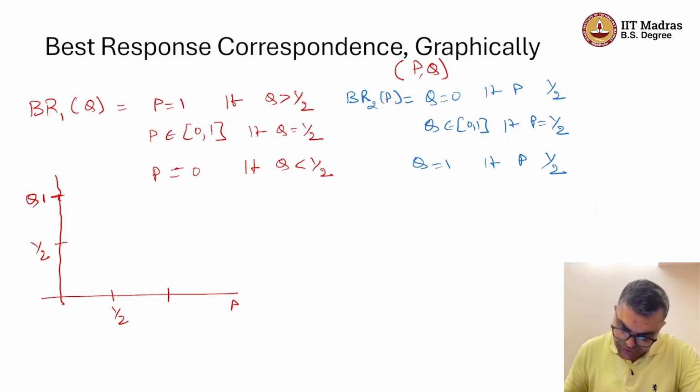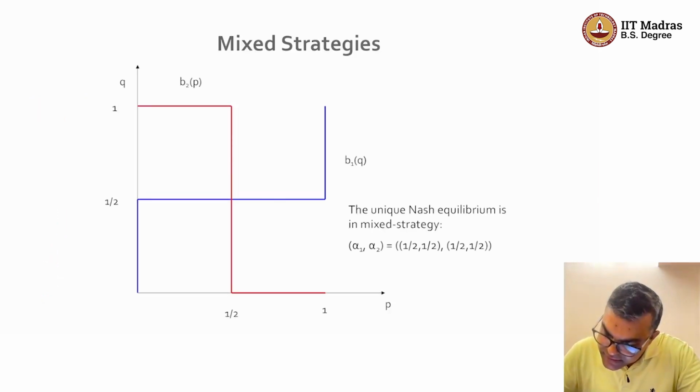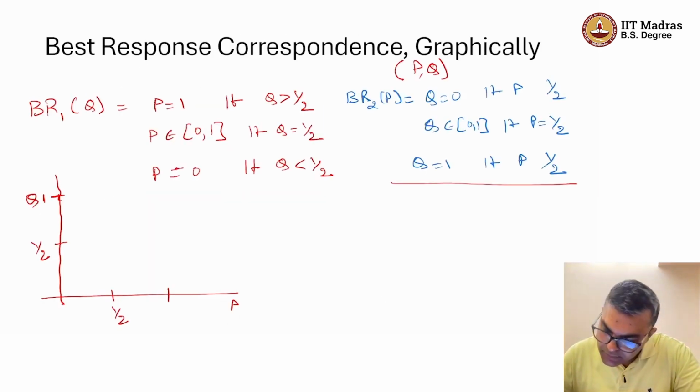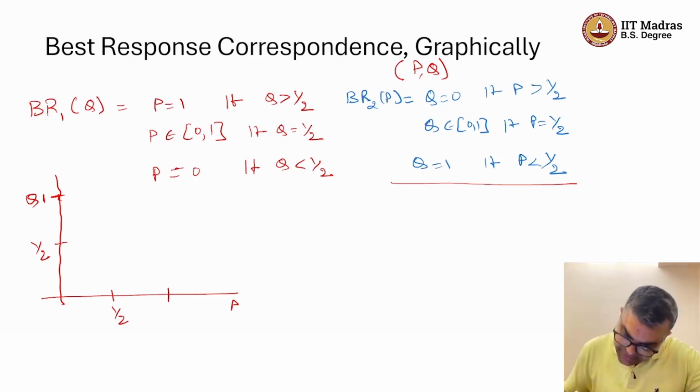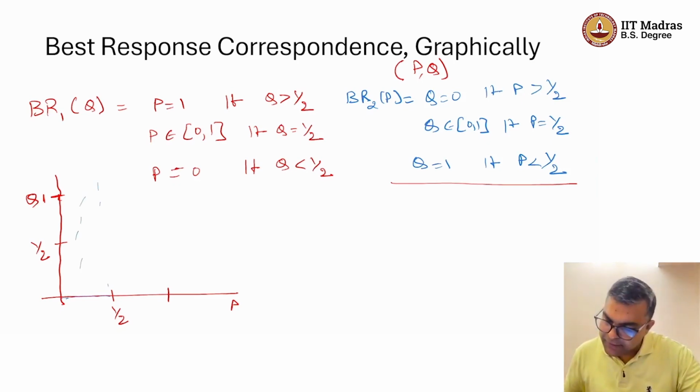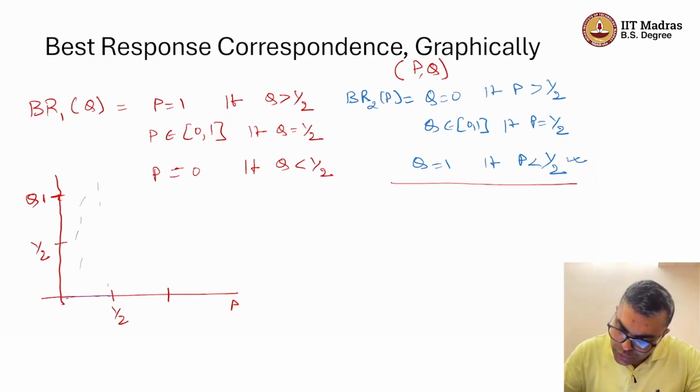So let us first do what would be the best response here. Let us obtain it for player 2 in blue color. If P is less than half, it means we are in this zone. If P is less than half, then Q is equal to 1.